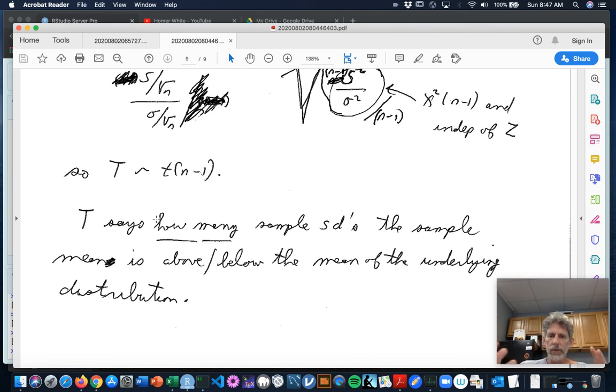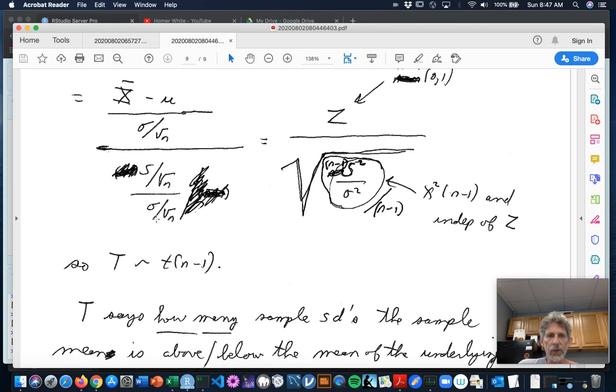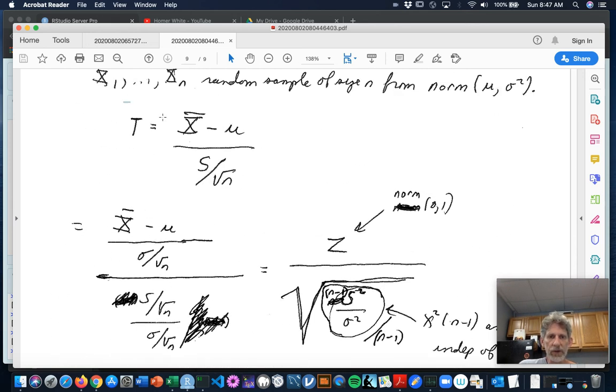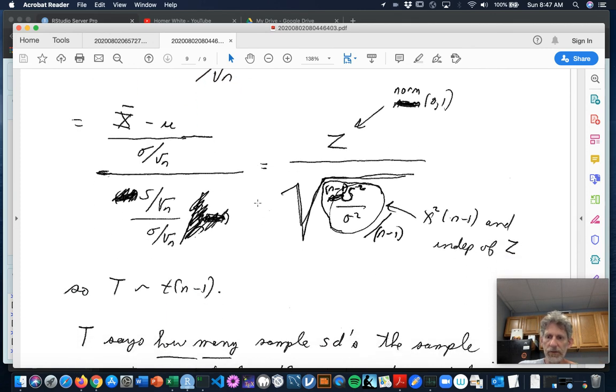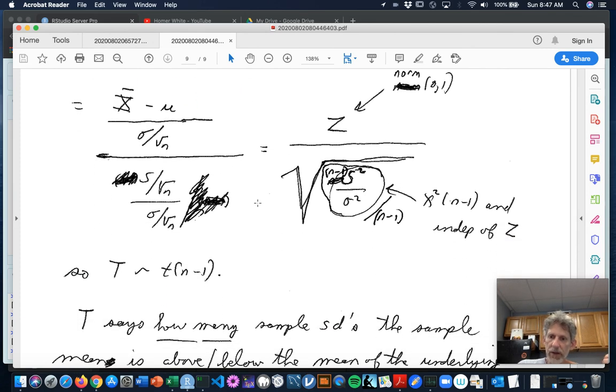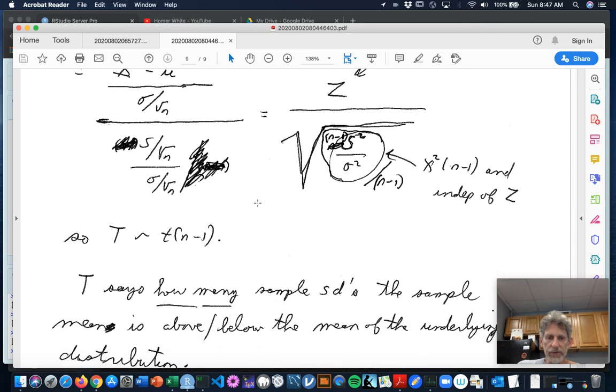So that particular form of a t random variable is super important in statistical theory all over the place. If you ever go on and take a class in mathematical statistics, you'll see it a lot. So great triumph of probability theory to be able to figure out its distribution.